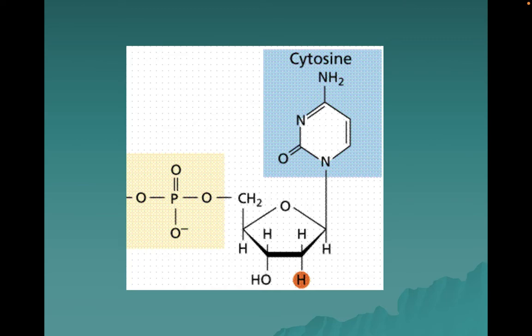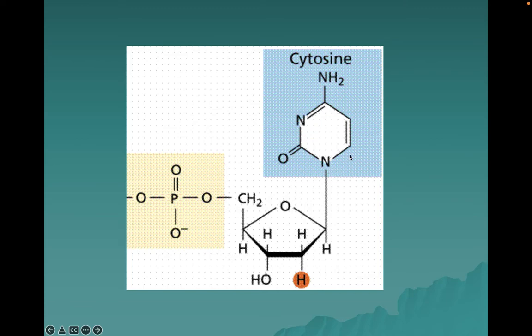And the answer is simply nucleotide. That's all it is. If you think about this molecule, which is in the yellow box, this is my phosphate group. This molecule here, which has this characteristic pentagon shape, that's one of the sugars, right? In this case, it's deoxyribose because it's got only one hydrogen and no oxygen here.